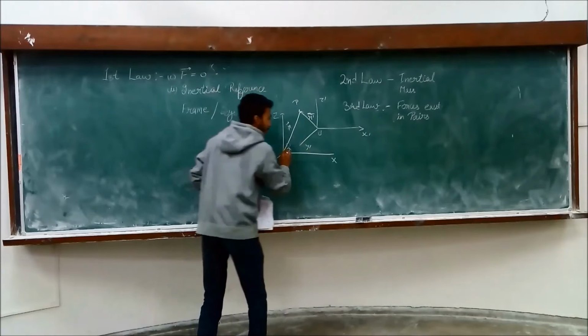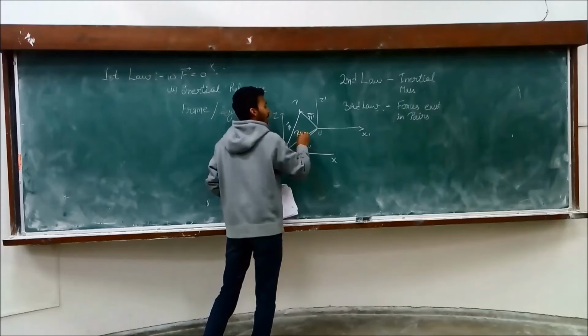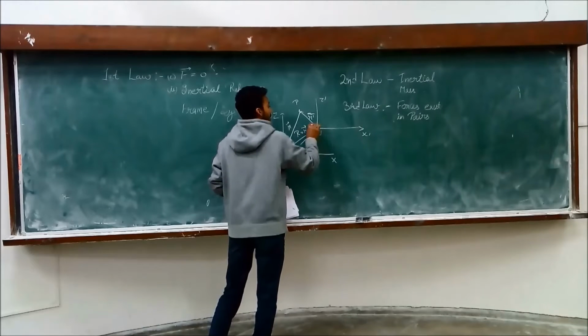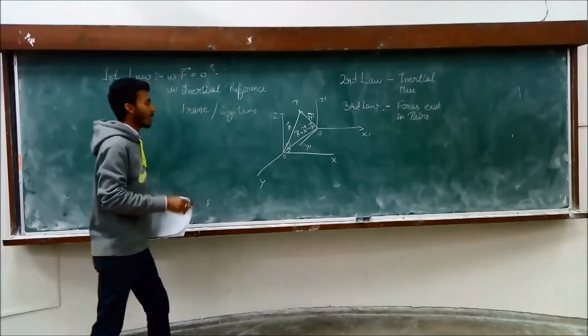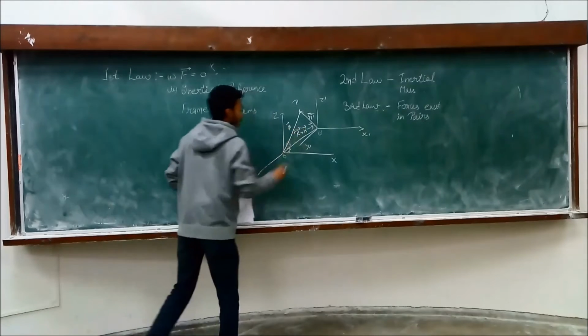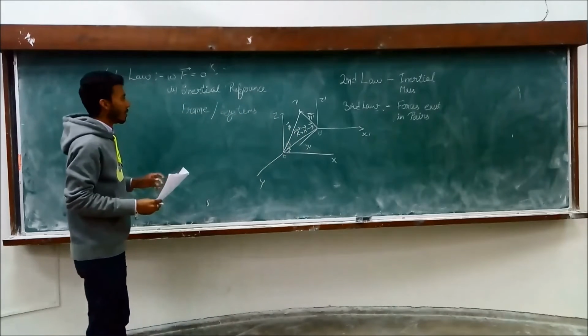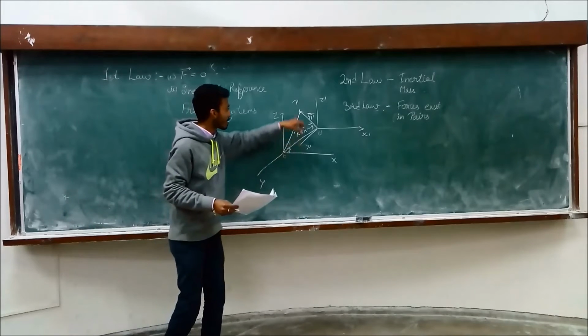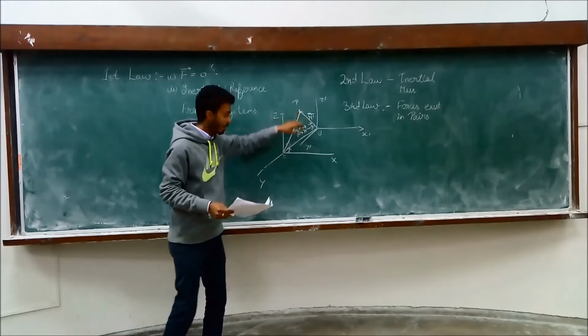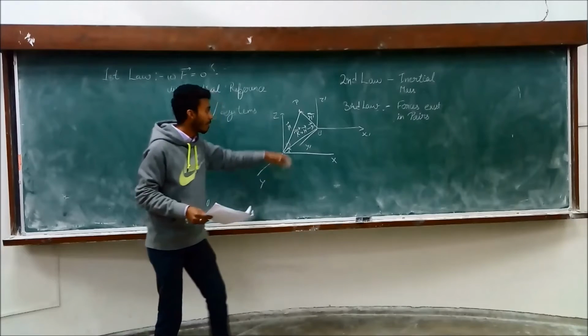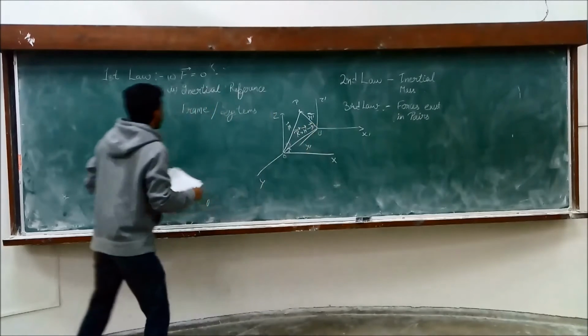And from vector subtraction, we can say that this is capital R, which is r minus r dash. So let us calculate the force on this point in his reference frame and in the other reference frame.